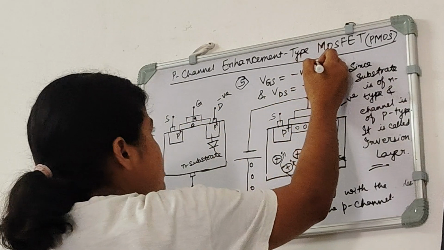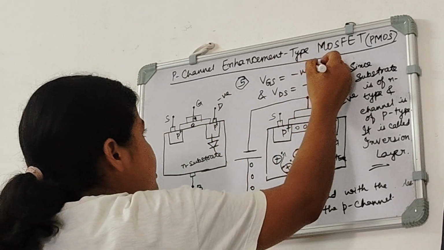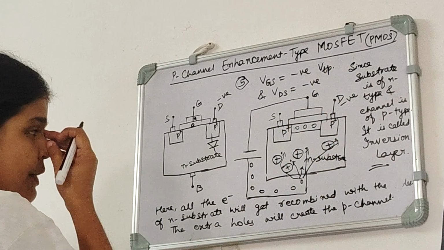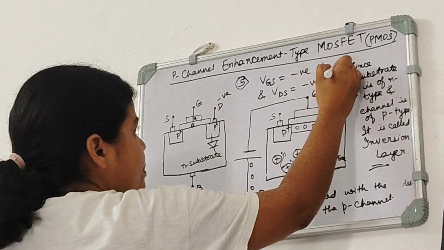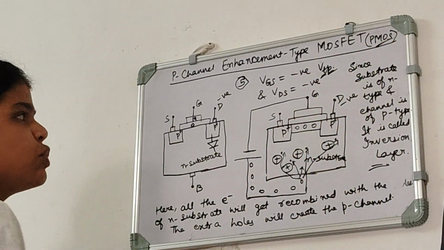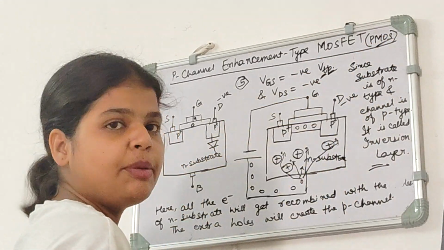So after a certain VGS, that VGS is known as threshold voltage and we denote it with VTP. Here T is for threshold, P is for PMOS and V is for voltage. So this is the threshold voltage of PMOS.